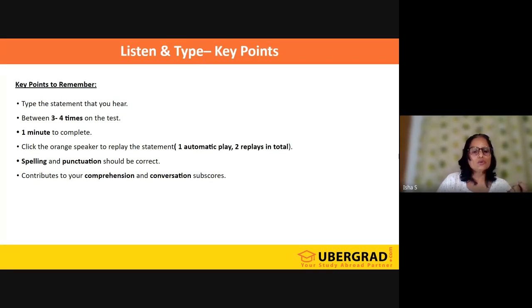It will play automatically, and there will be 2 replays where you get to listen, and then you have to write the statement. While writing, it is not only listening. They also consider your spelling and punctuation marks, which contribute to your comprehension and conversation scores. Next slide please.